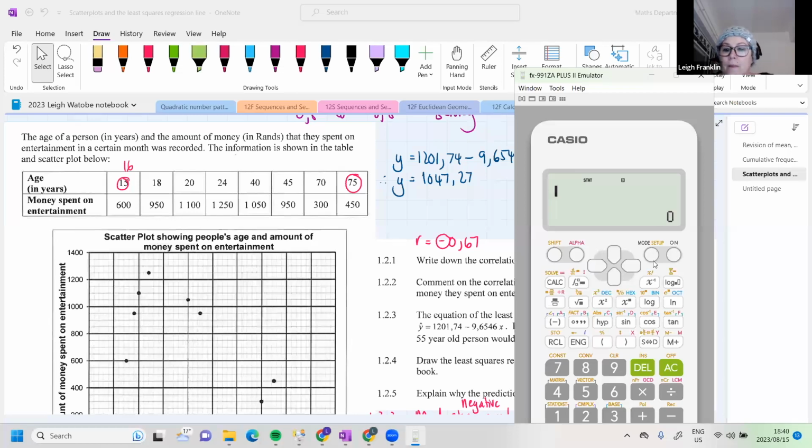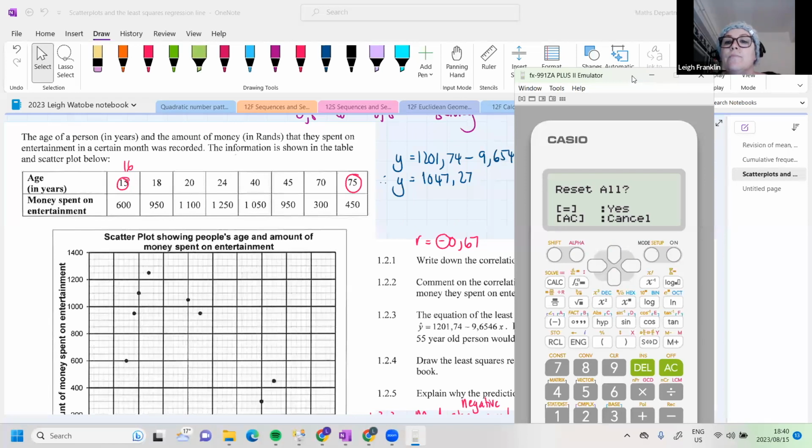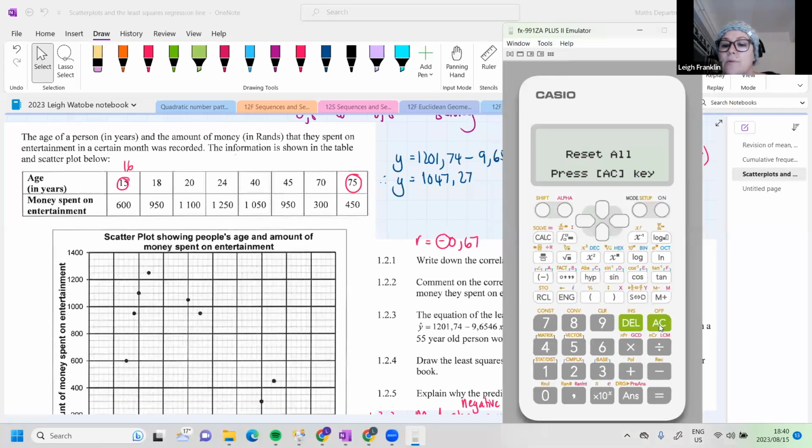Okay. Just give me 1 second here. Sorry. Shift 9, 3. Equals AC. Okay, so into mode, into statistics. Okay, keep going. And then we go into 2.